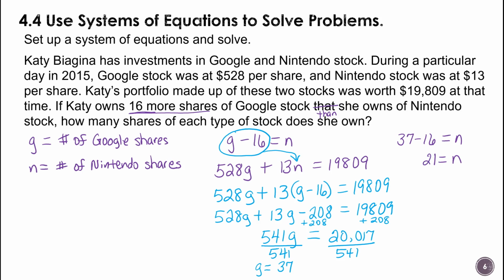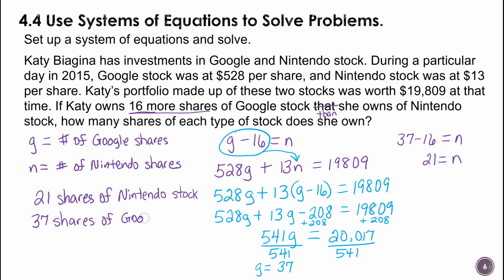All right, so we end up with 21 shares of Nintendo stock. And 37 shares of Google stock. Okay, and that's the answer to that one.